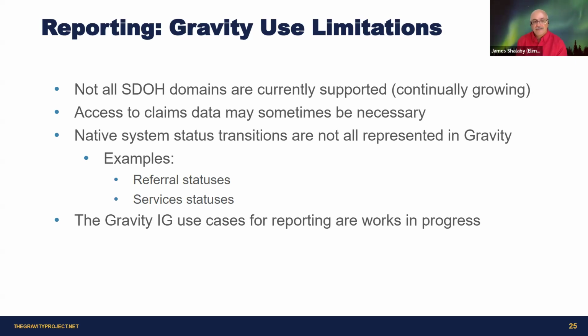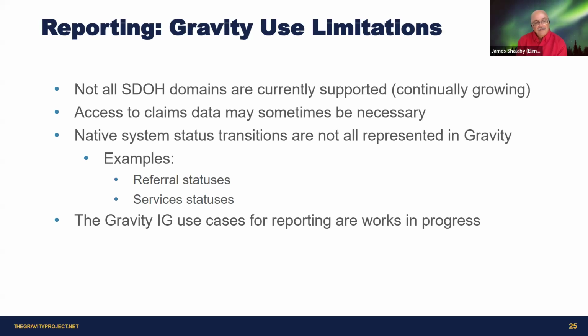But it won't represent necessarily all the different variations of statuses that may support referral delegation to other service providers, or other hold or intermediate hold type statuses that may not be important for an end state. Was the service delivered or not? It may be just a transitional type of status, but important for the workflow, important for coordination of care. So just something to keep in mind.